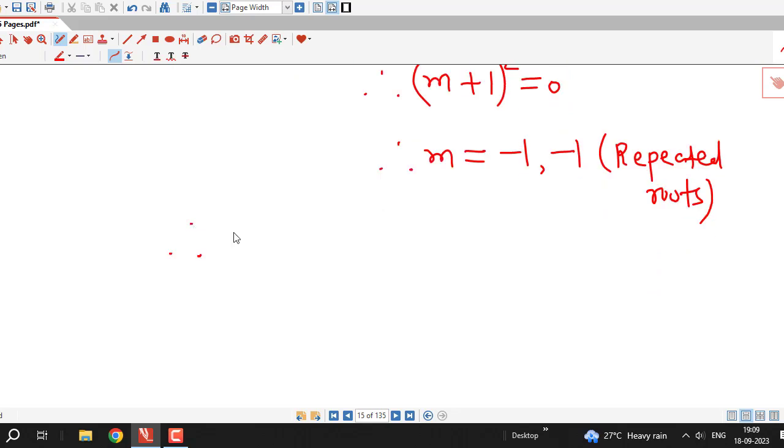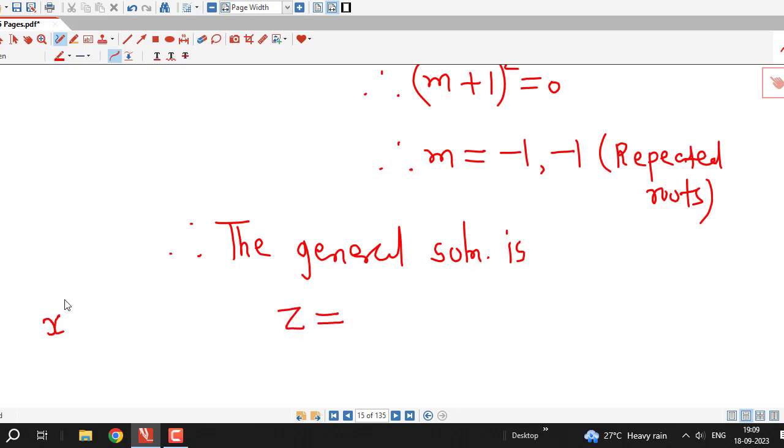So therefore, what will be the formula for the general solution? If you recall, in the case of ordinary differential equations, if we have repeated roots, then we multiply by powers of the independent variable x. So that is the same thing here. First, for m equal to minus 1, I will write an arbitrary function of y plus mx. m is minus 1, that is y minus x.